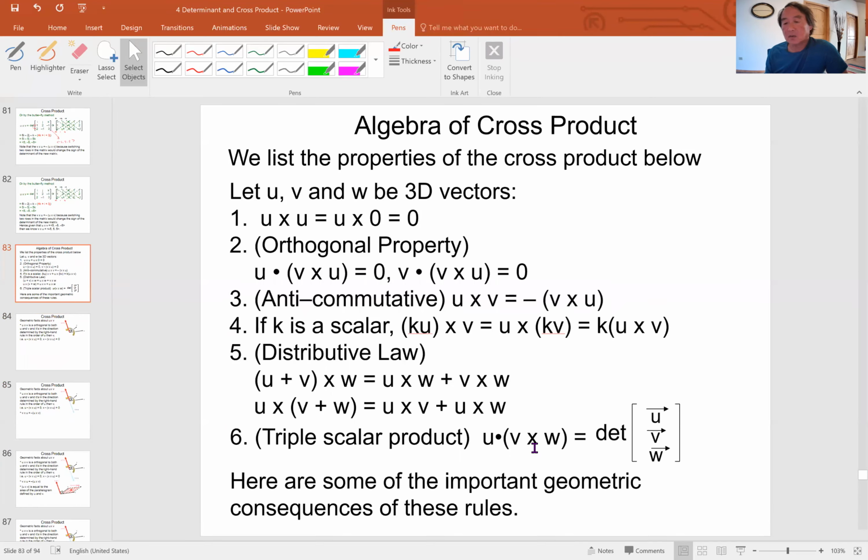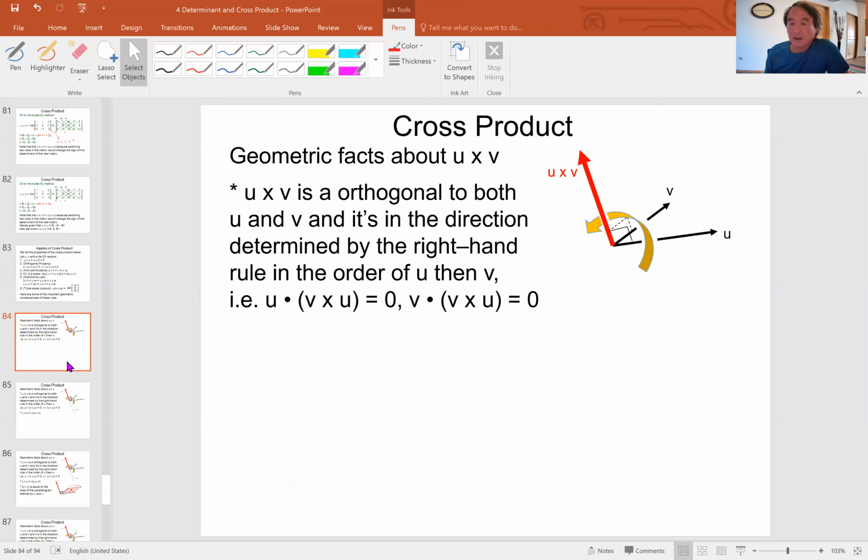If I dot u with the cross product of v and w, that's the same as the determinant of the matrix with rows u, v, w. Remember, that's the same as the volume of the parallelepiped, the box, defined by u, v, w.